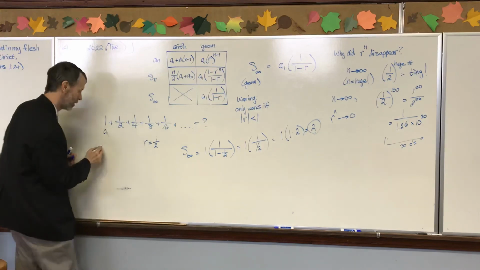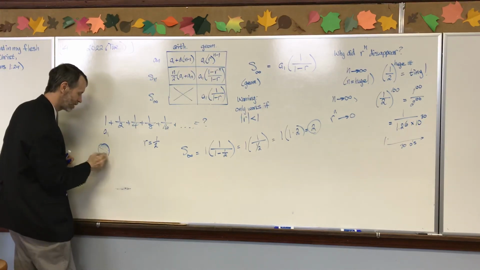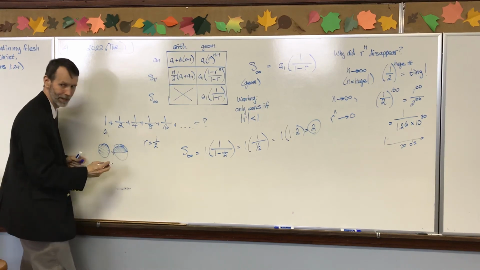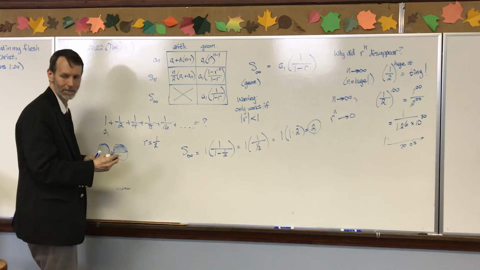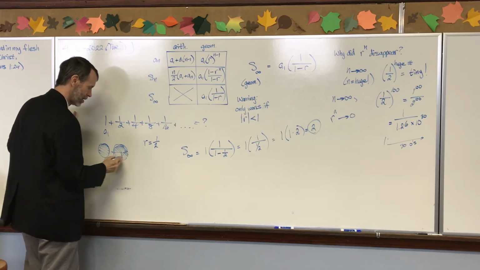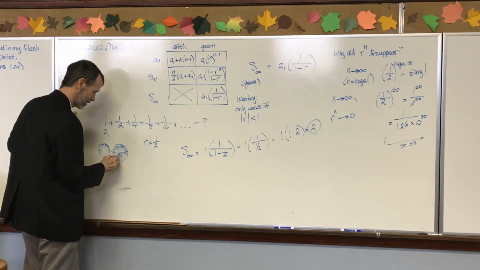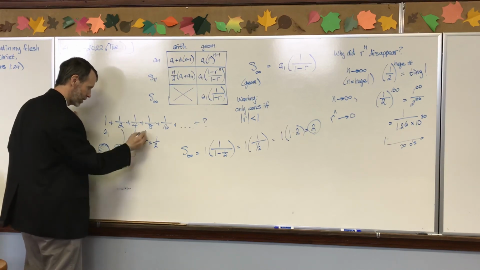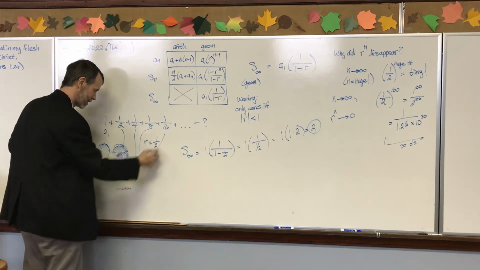Just as a demo, this represents 1. This represents a half. Focus up here. Then you add the quarter, then the eighth, then the 16th.